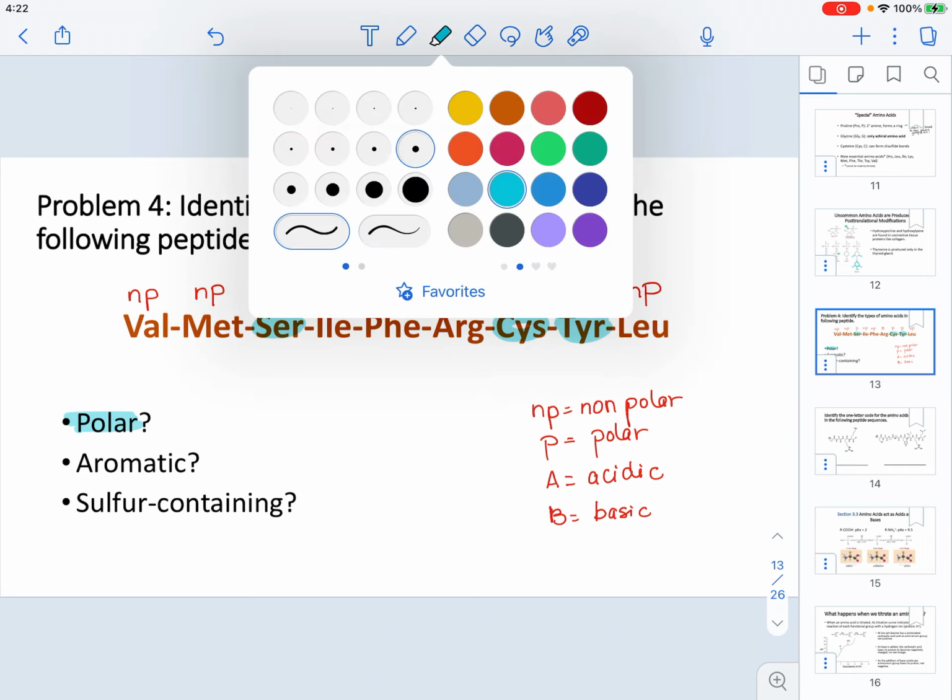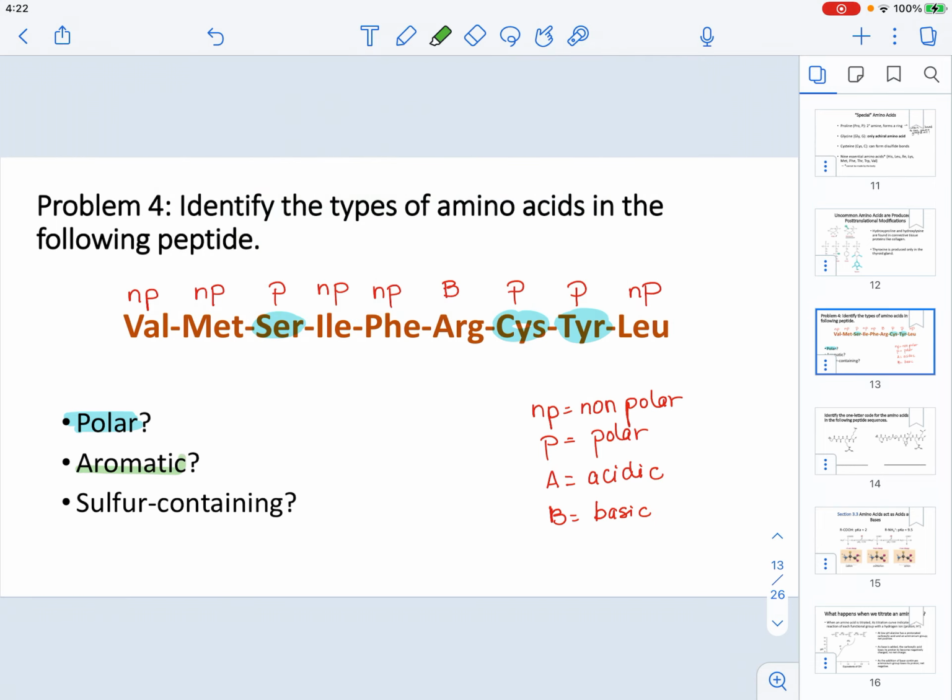Now, based on my highlighter tool, when it comes to the ones that are aromatic, if you remember, phenylalanine contains a benzene ring.